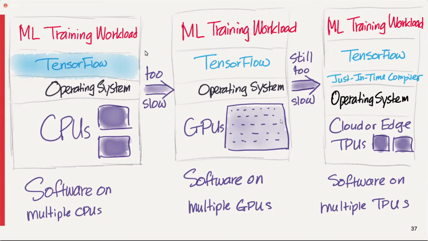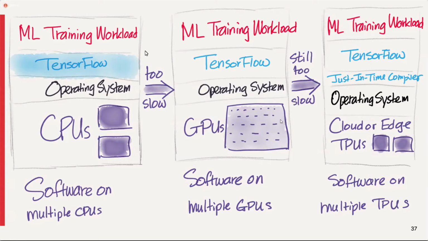And rather than having TensorFlow on top of GPUs, now we have TensorFlow supporting cloud or edge TPUs. And we can have a just-in-time compiler to compile into the instructions for the TPUs to execute. So that's something that is responding to the lack of performance.